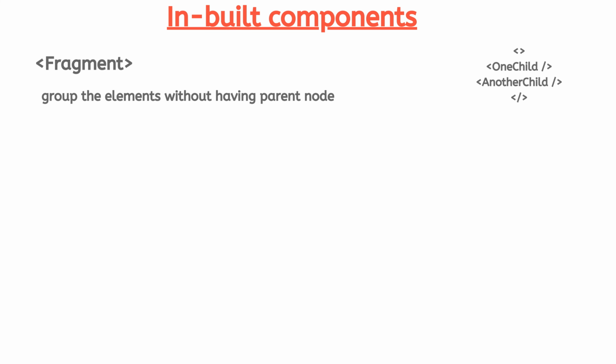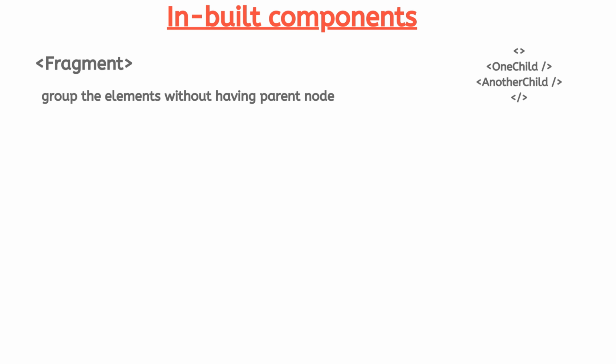That means if on any of the component page, you want to display multiple components like first child and second child, to group these two together, we need to use the fragment and keep this content within that fragment so that it will group all the child components within the parent. This is one of the inbuilt components that we can directly use. We no need to create it.